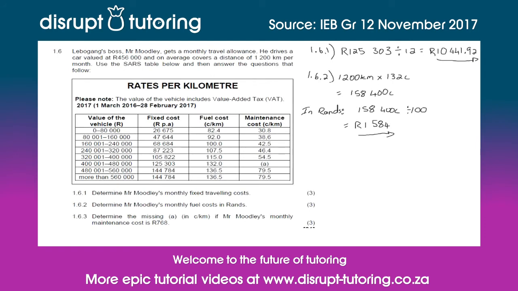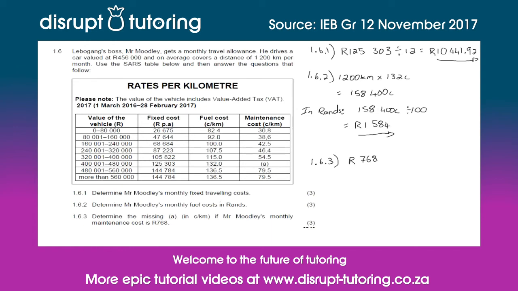Then determine the missing A, which is in cents per kilometer, if Mr. Moodley's monthly maintenance cost is 768 Rand. So A is over here. For question 1.6.3, they say that his monthly maintenance cost is 768 Rand, and the maintenance cost is cents per kilometer.